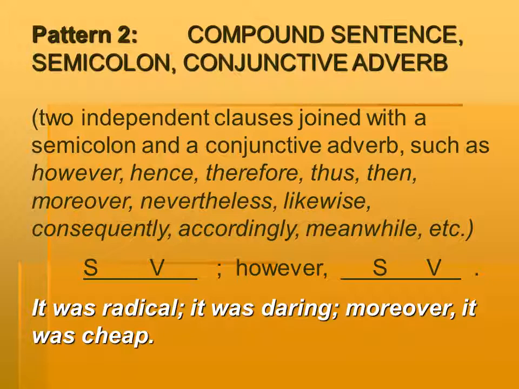So in my sample sentence, I've added an extra independent clause, making it three independent clauses. All of them are fairly short. The only question we need to wonder is, what was it that was radical and daring and cheap? Puzzling.